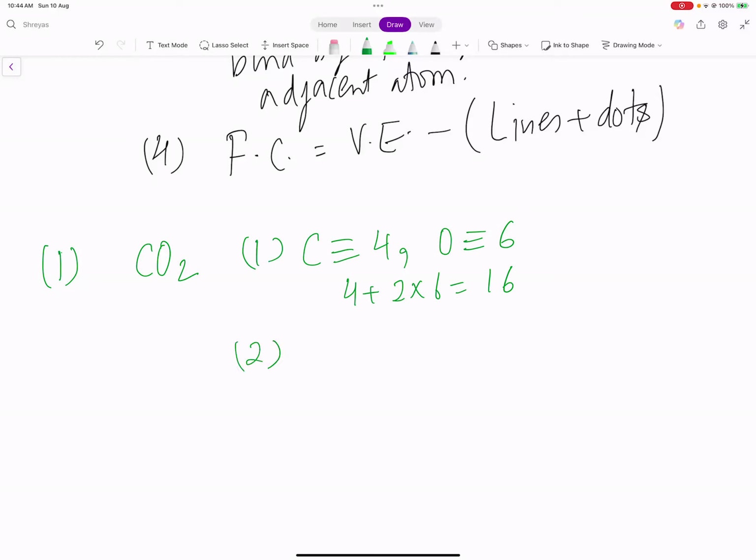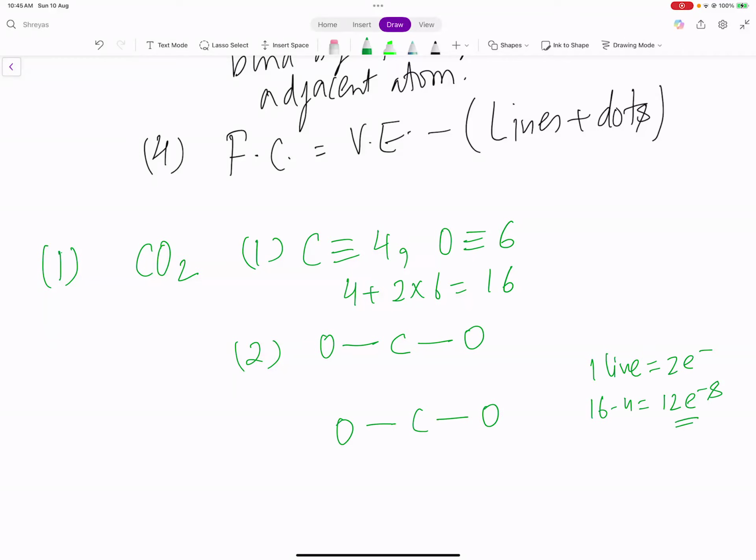Basic framework means we draw the first atom and connect the other atom by a single line. One line means 2 electrons, so we have used 4 electrons. Remaining is 12 electrons, right?